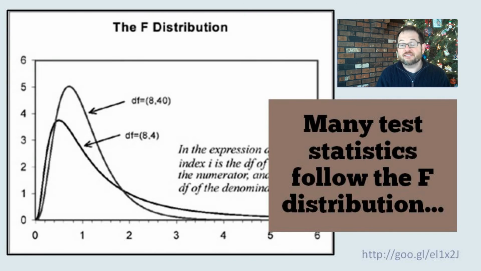And then you look and see, did the value that you got of your test statistic look like something that could happen by chance? If it's near the hump of the distribution, it's fine. It's consistent with the null hypothesis. If it's way on the tail of the distribution, it's not consistent with the null hypothesis. You get to reject the null hypothesis.